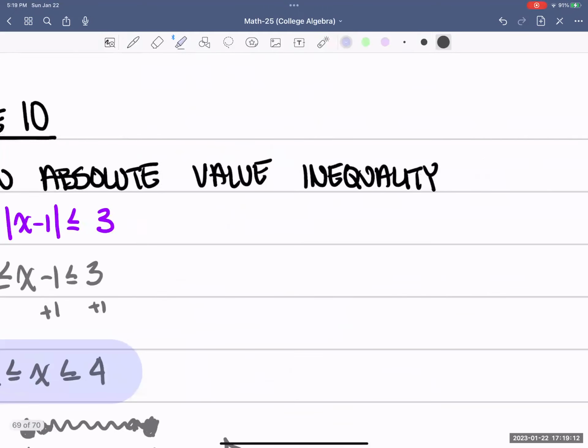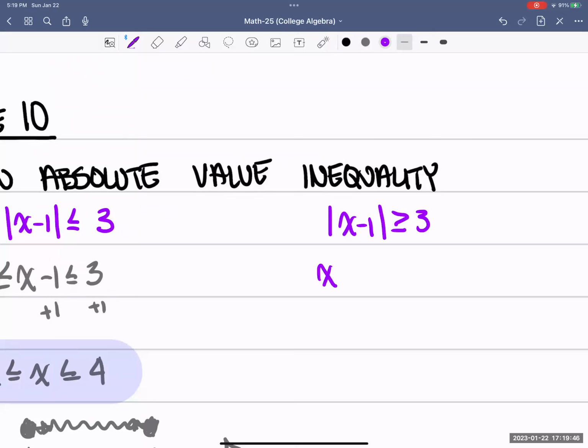Now what we would have to do if it were the opposite sign: the absolute value of x minus 1 greater than or equal to 3. Remember, there are way more possibilities for these numbers to be really, really big and also have an absolute value greater than or equal to 3. Because of that, we're going to separate it into two parts, because we have two ends of the real number set to look out for.